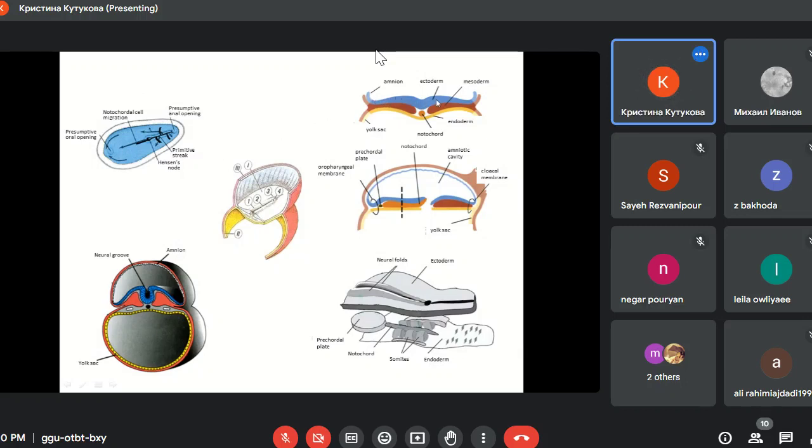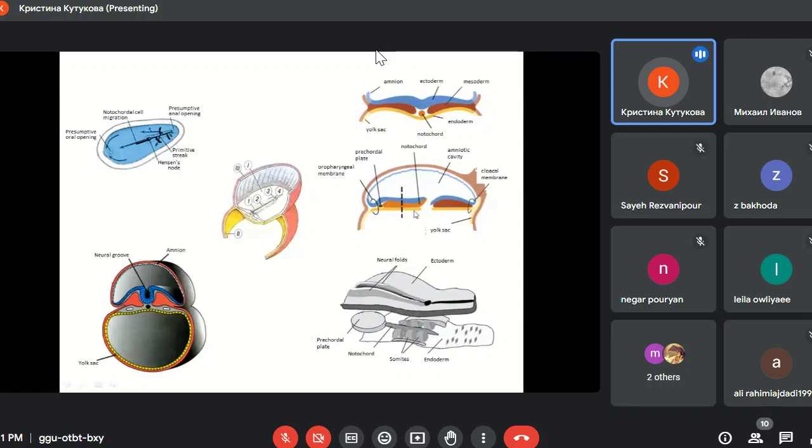We see 3 layers: ectoderm, mesoderm, and endoderm, and centrally located notochord. As you remember, notochord develops from the cells migrating through the Hensen's node towards the frontal part of embryo. Notochord helps neural tube to develop from ectoderm, and then it disintegrates, and it is present finally only in the intervertebral discs.